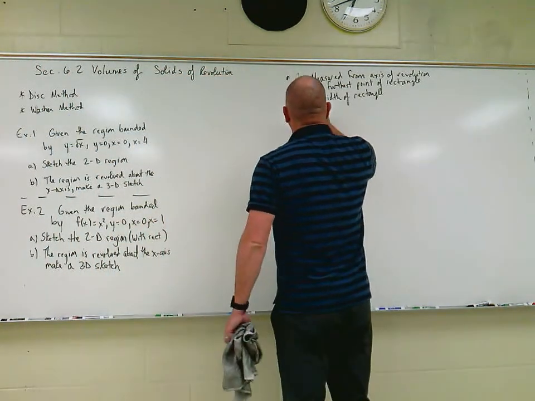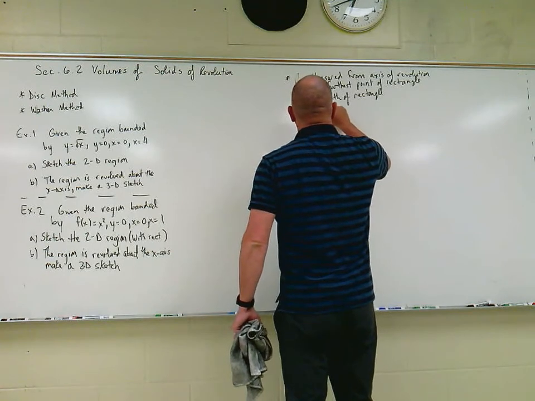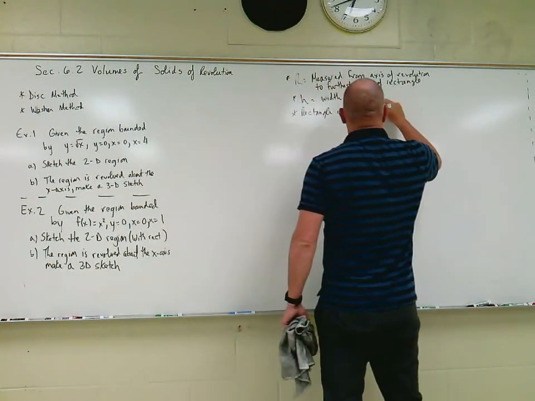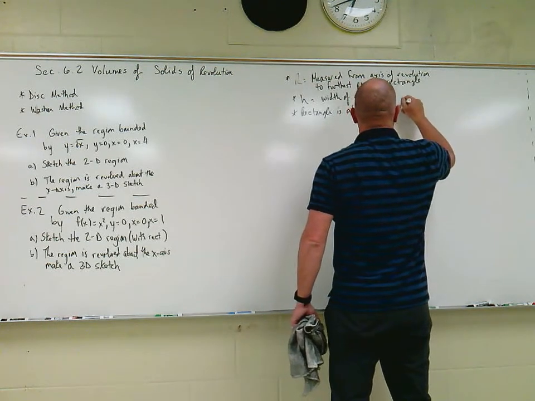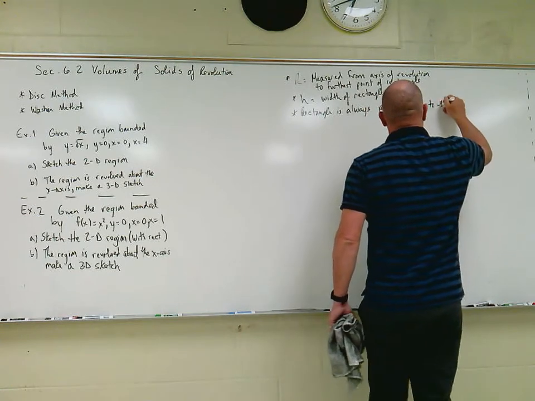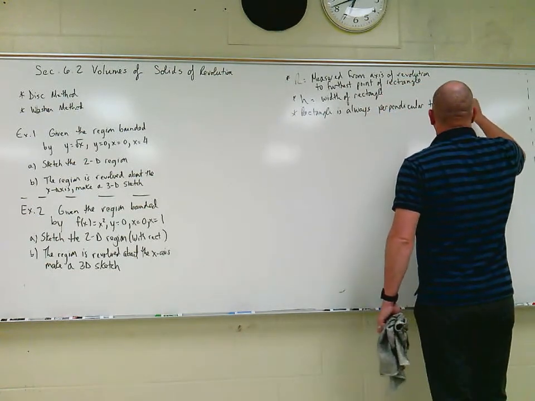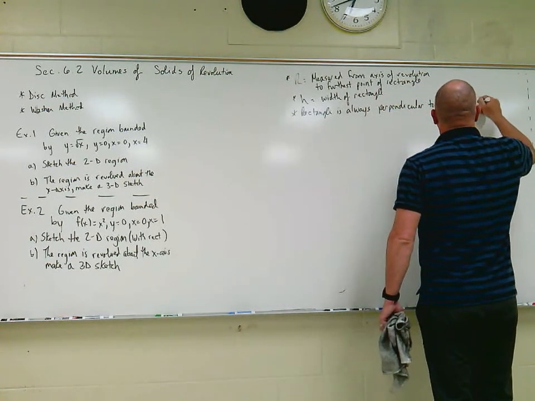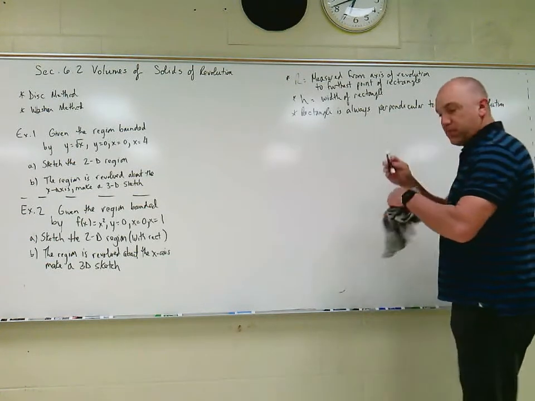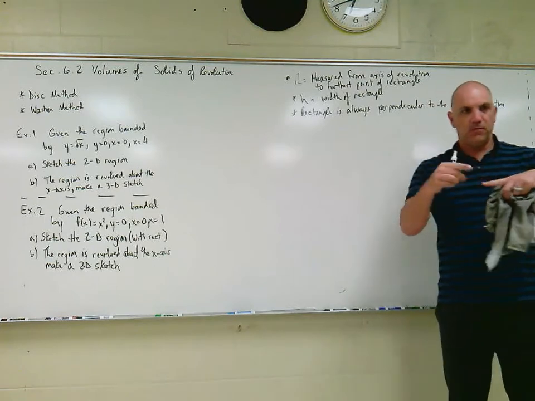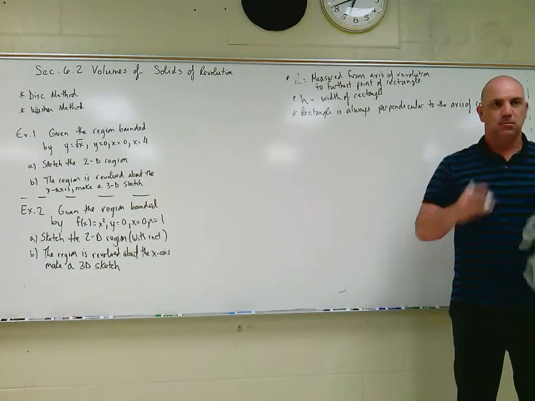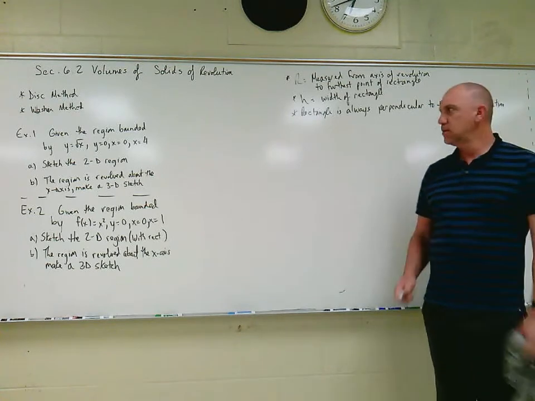Your rectangle is always perpendicular to the axis of revolution. So, however you're revolving, whatever you're revolving about, your rectangle should always be perpendicular so you get a disc. Otherwise, you won't get a disc.